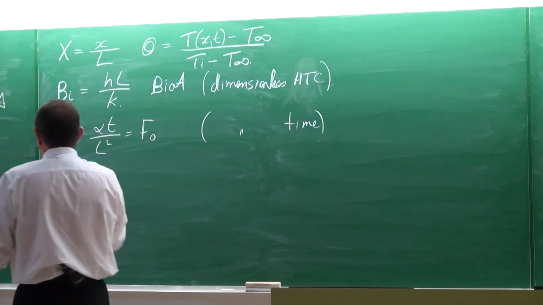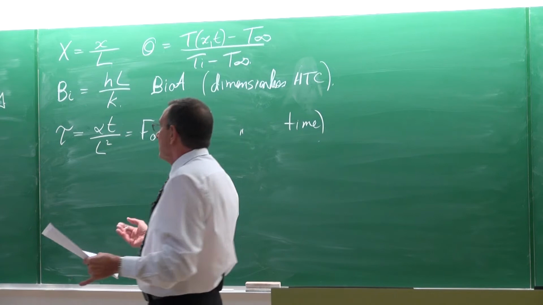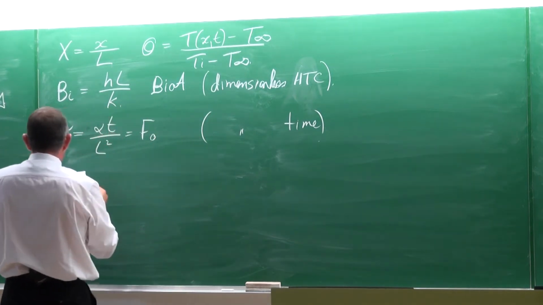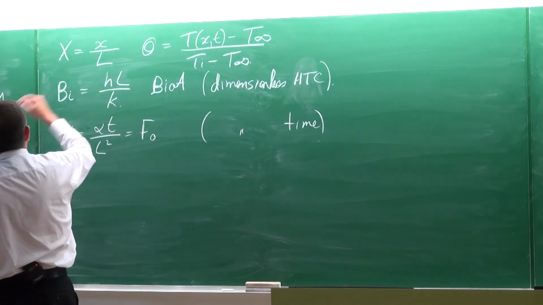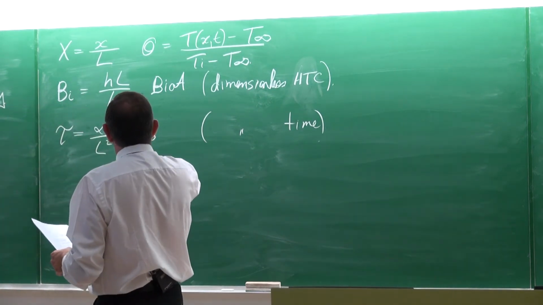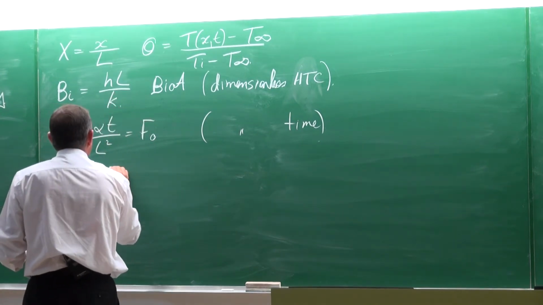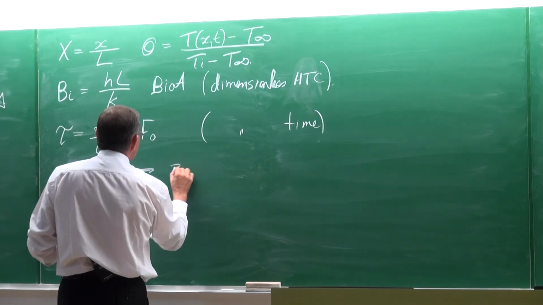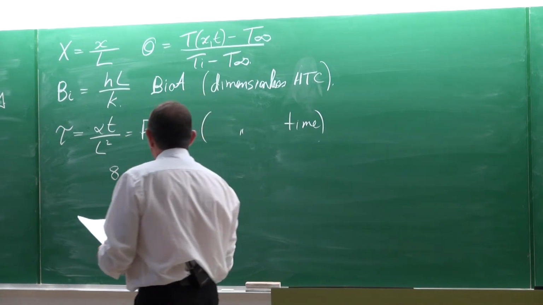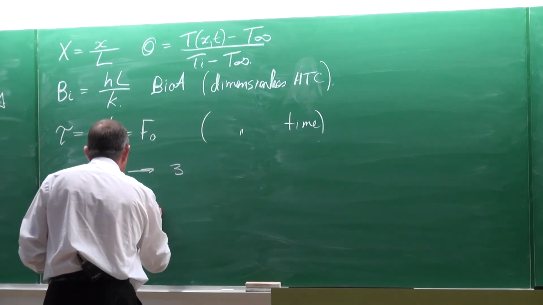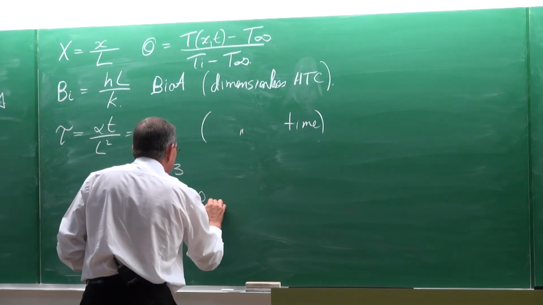Okay. So, why are we doing all this stuff? Where are we going to? Well, by non-dimensionalizing all these numbers, the Biot number, the Fourier number, etc., the number of independent variables has been reduced from 8 to 3. Because the non-dimensionalized temperature now is a function of x, the Biot number, and tau.